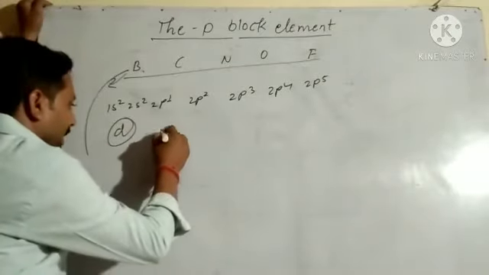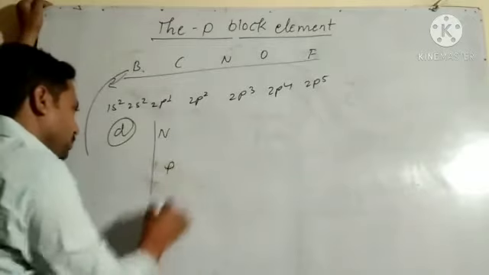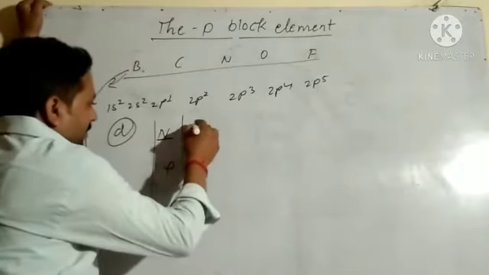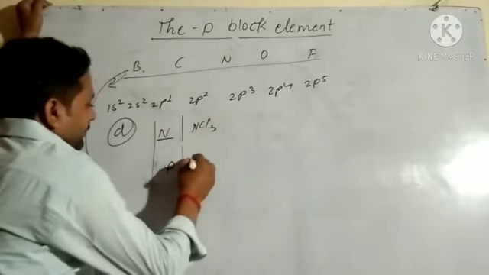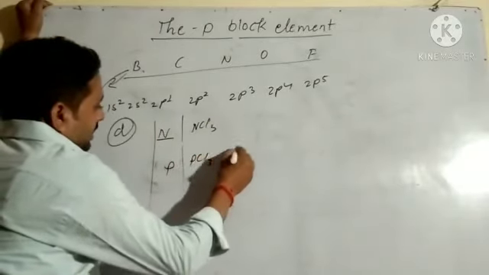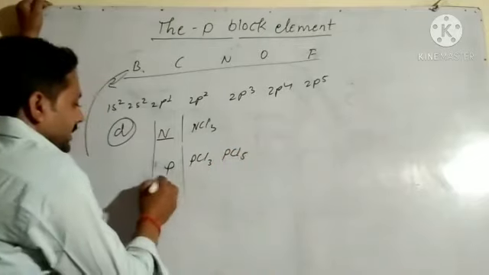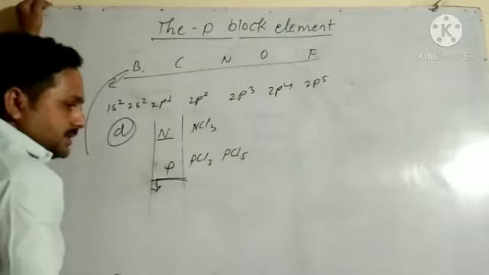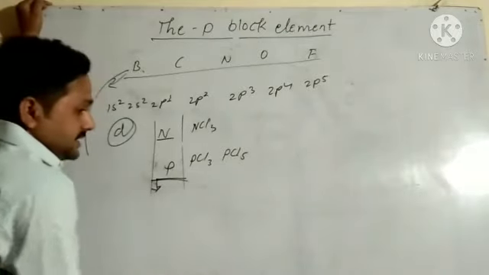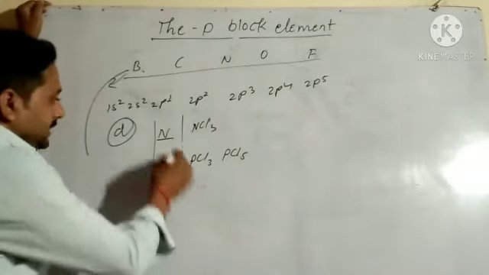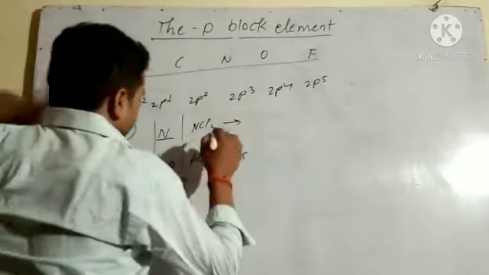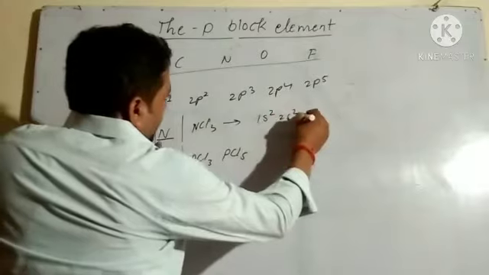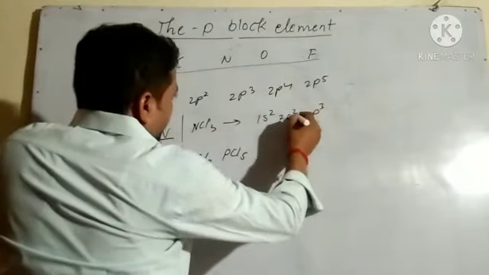So let us see the comparison. Nitrogen and phosphorus are both in the same group, but nitrogen forms NCl3 while phosphorus forms PCl3 and PCl5 both. Because in phosphorus the d orbital is present, though empty, so it can expand. In nitrogen the electronic configuration is only up to the 2 shell, 1s2, 2s2 and 2p3.